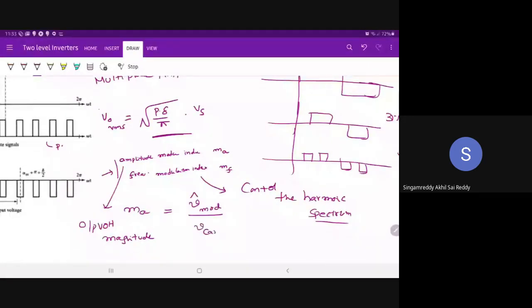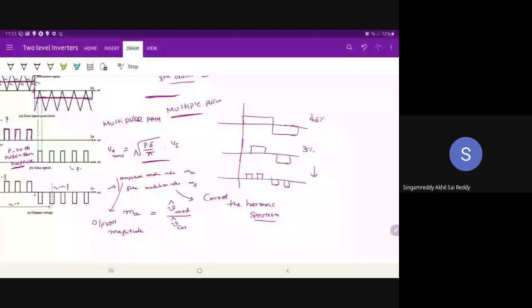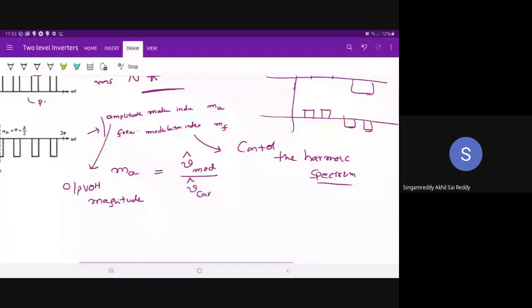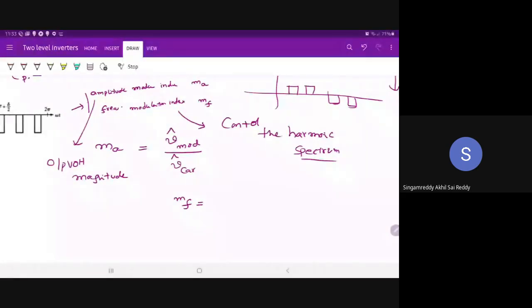MF, the frequency modulation index, is defined as the carrier frequency fcr by fm, the modulating signal or reference signal frequency. Both are the same frequency. Clear?